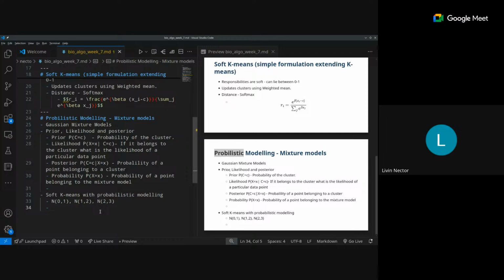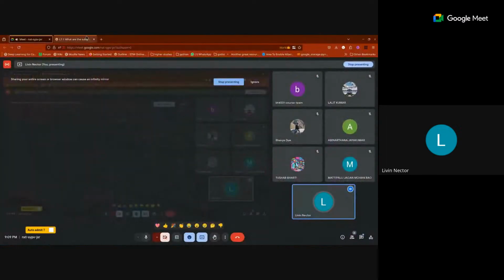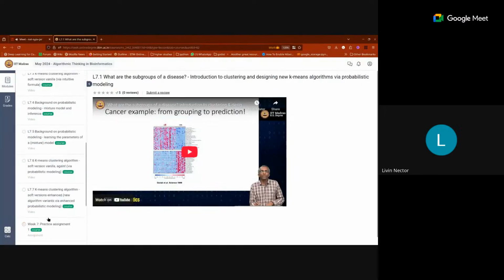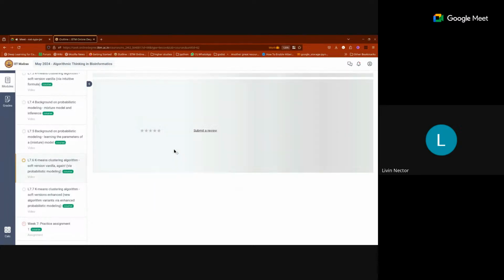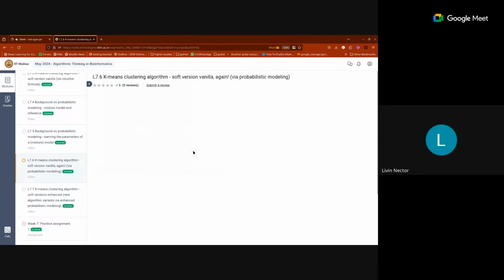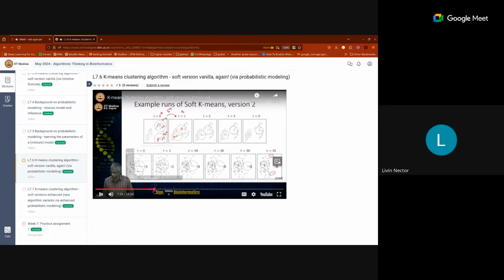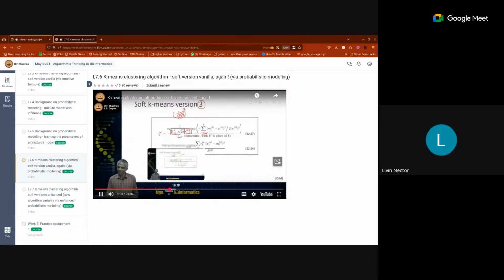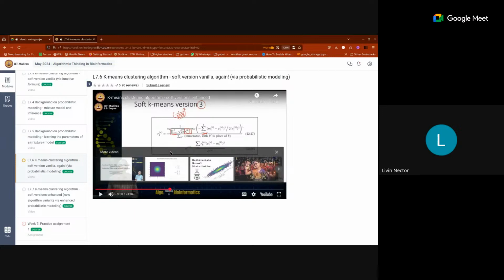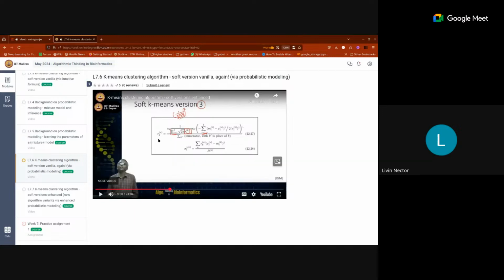Is that clear? Let's look into the exact equations. So here is the Rk of a particular data point. Here we model this using a Gaussian, right?